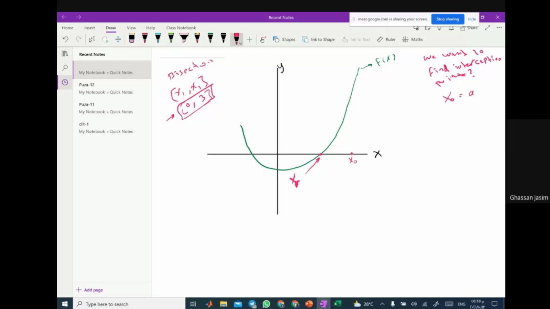Now, if we find f of x naught, we will get something named y naught. What I mean, if we put x naught in the function, we will get the value.